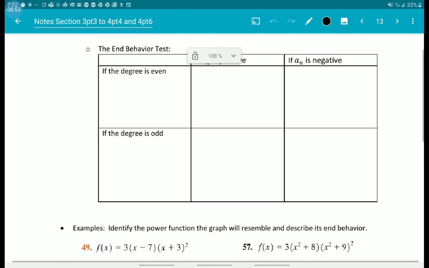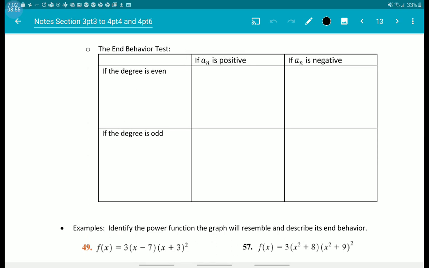So let's talk about the end behavior test. The end behavior test will tell you what the ends of the graph look like. So if the degree is even, we could always remember this by remembering what some of those parent functions look like, y equals x squared. If we look at y equals x squared, that guy looks like that, right?